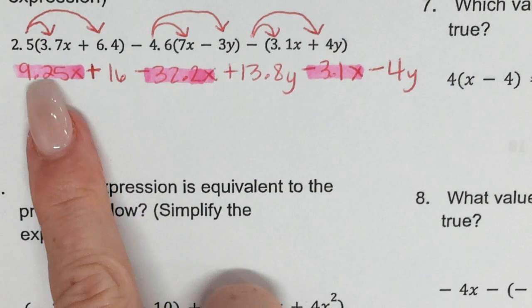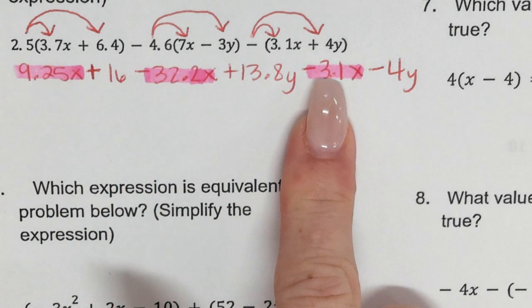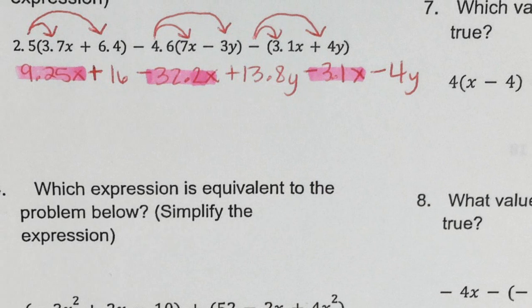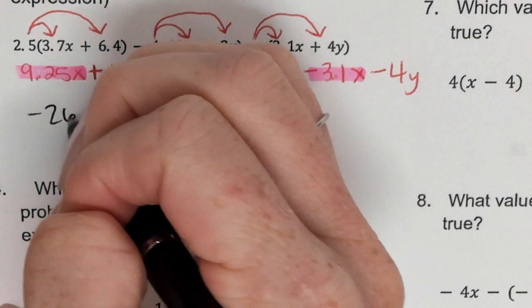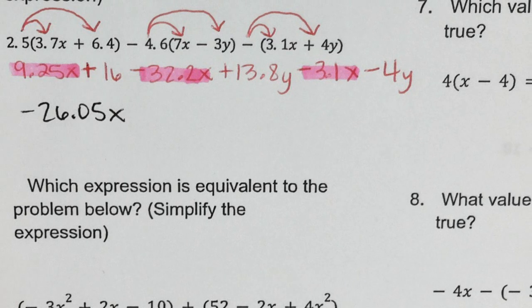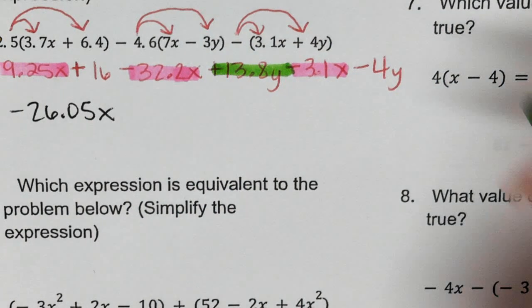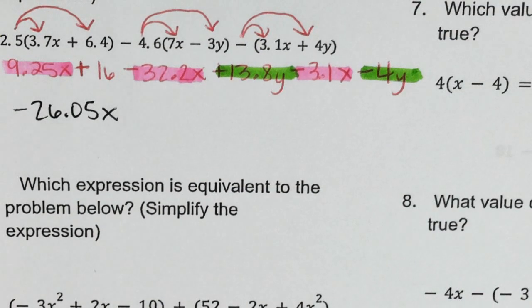So I have 9.25 minus 32.2 minus 3.1, which is negative 26.05x. Does that make sense? Okay. Now I'm going to combine my y's. So I have a positive 13.8y minus a 4y, which is positive 9.8y.